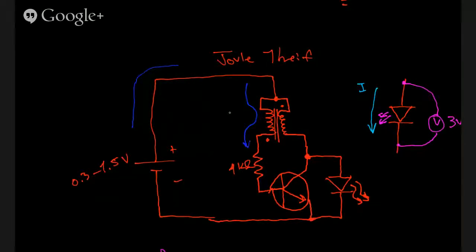In this case, our transistor switching on provides a path for current between base and the emitter, so current will flow through here. It will build up our magnetic field inside the toroid.